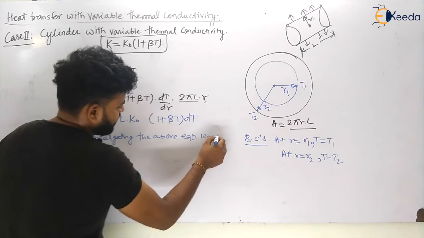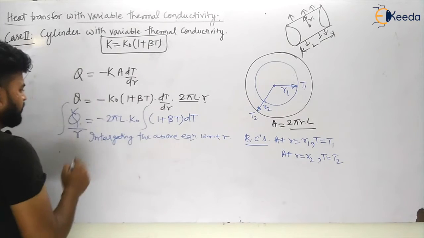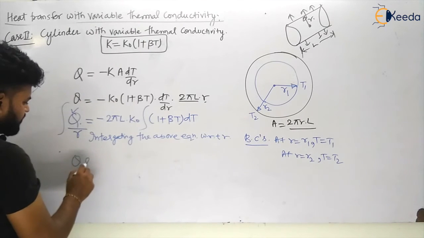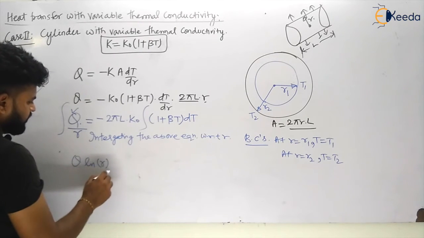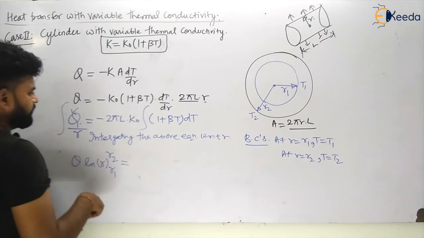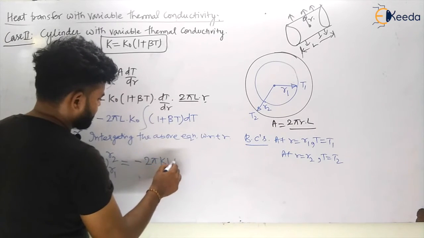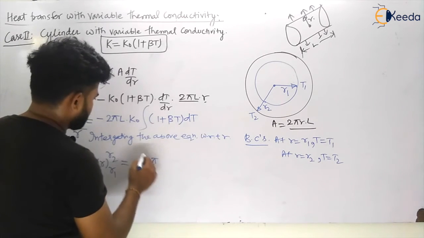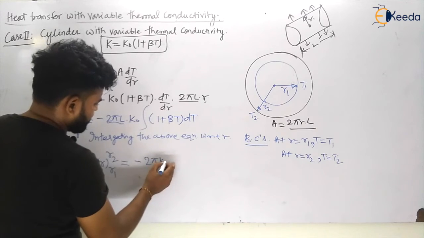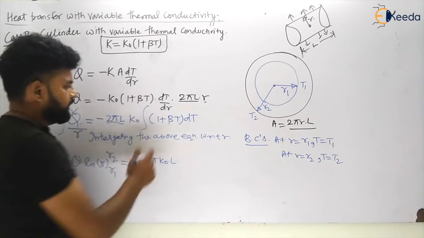So putting the boundary conditions and integrating the above equation with respect to R, what I will have, let us see. So this will become Q ln R, and the limit will be from R1 to R2. This side will be 2 pi K naught L, and I am integrating this.